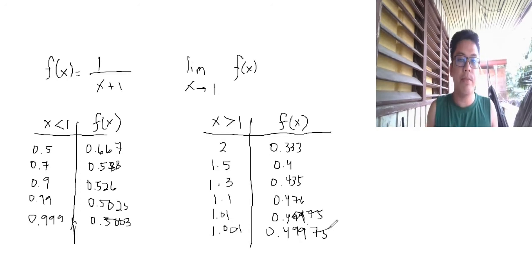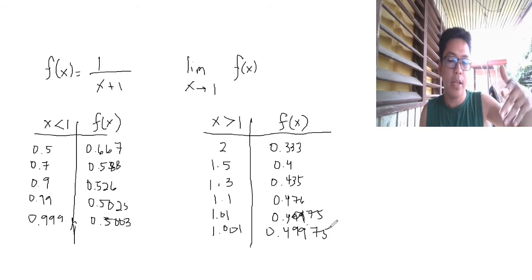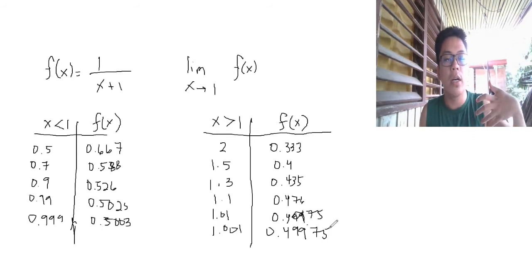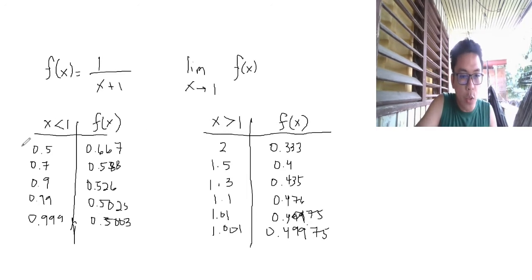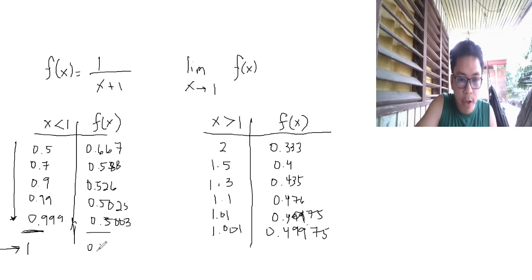So that will be the corresponding value for your x when it's greater than 1, but you're making all the values closer to 1. If you notice, as you approach 1 starting from 0.5, the value here approaches 0.5.